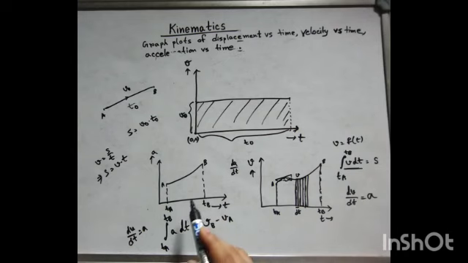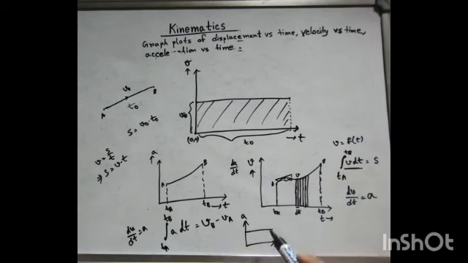And if the a versus t curve is constant, that does not mean you are moving with uniform velocity. No. If acceleration versus time is a constant curve, that means you are moving with constant acceleration.